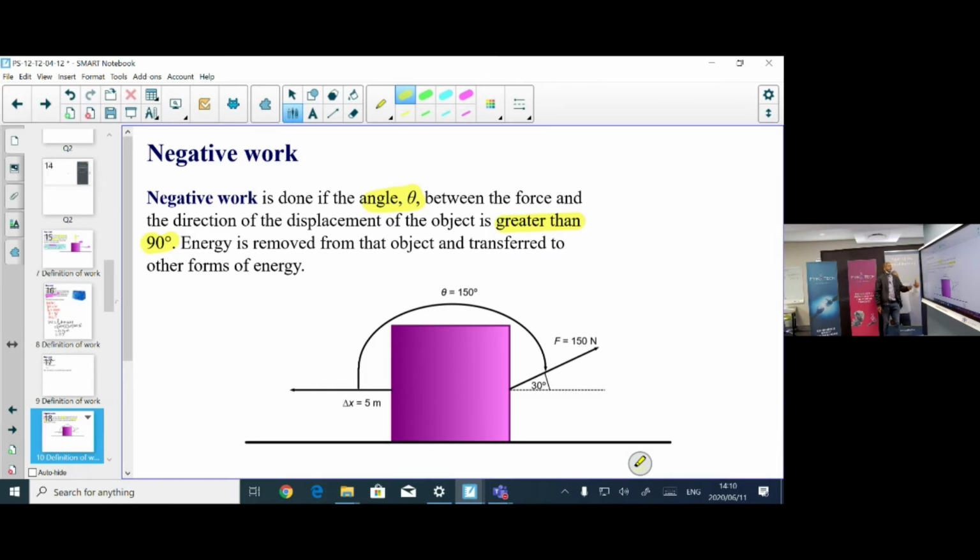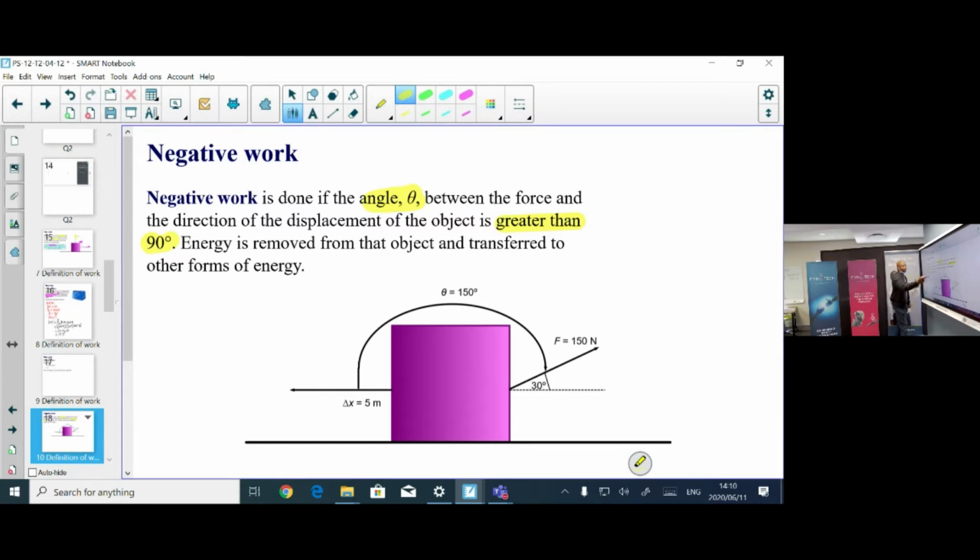In other words, energy is going to be removed from that object and transferred to other forms of energy. You have to ask yourself, what are these other forms of energy? This energy can be transferred to heat, and can be transferred to sound as well.